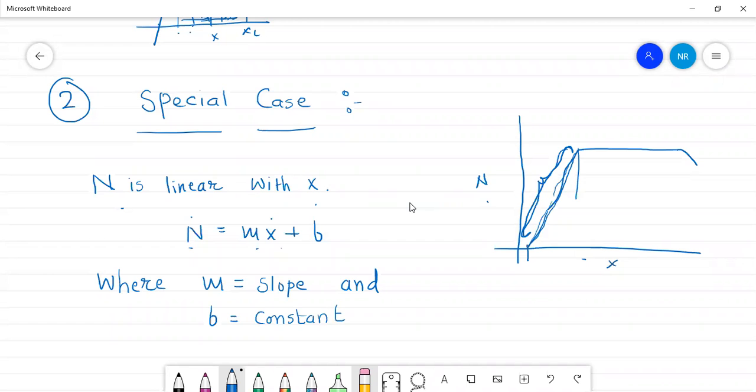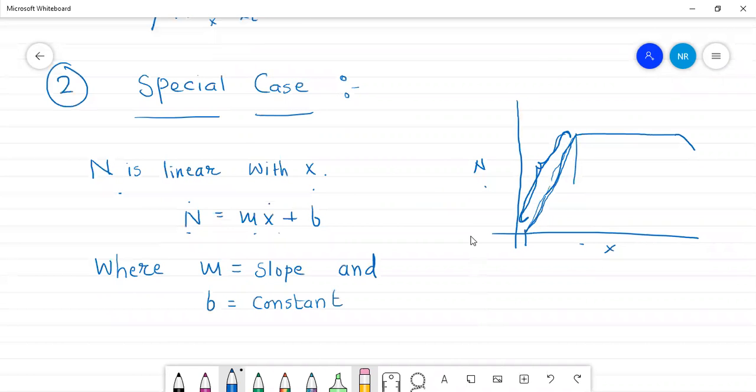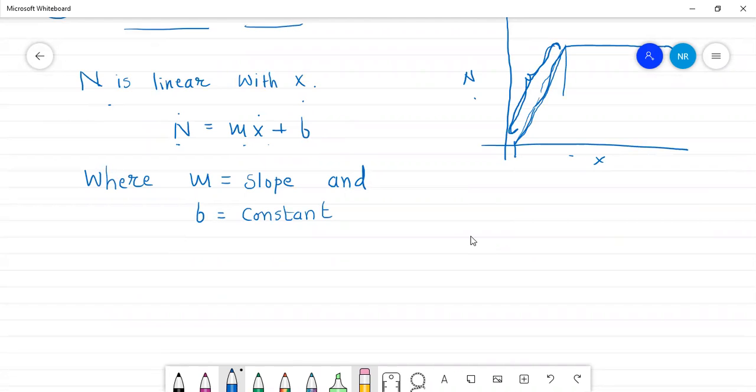Then what do we have to do? We have to do the integration. Here I take t is equal to Ws divided by A, integral from X2 to X1 of dX divided by N, and instead of N we take mX plus b.